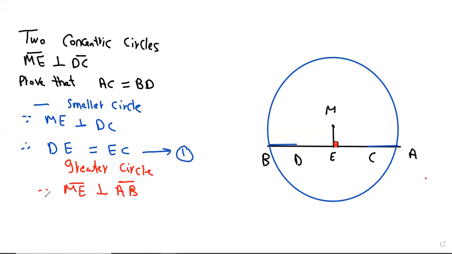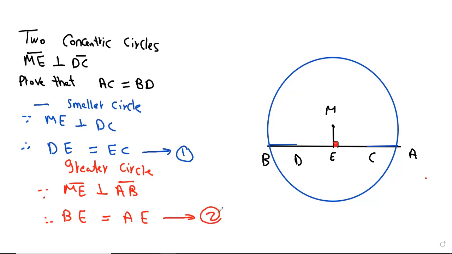Then E is the midpoint of AB, because this line is passing through the center of the circle and perpendicular to the chord AB. So this straight line bisects AB. So we will deduce that BE equals AE.